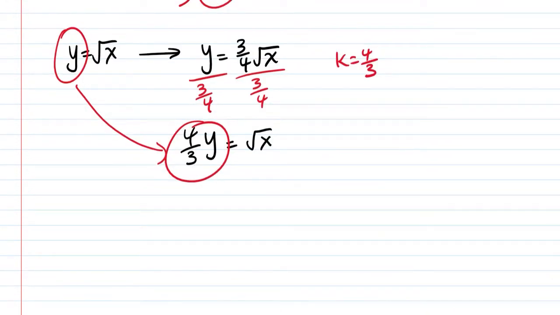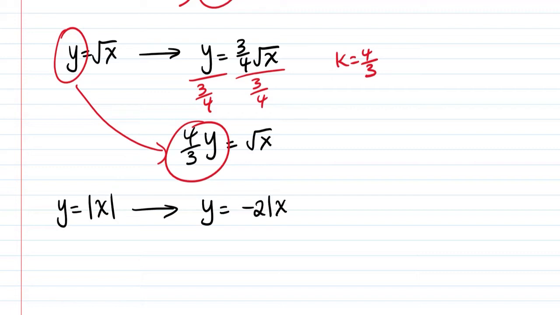And the last one, y is absolute value of x. y is 1 over 2 absolute value of x. Divide the whole equation by negative 2. If you want, you can divide it by positive 2 and take the negative as a reflection. But let's keep it simple.